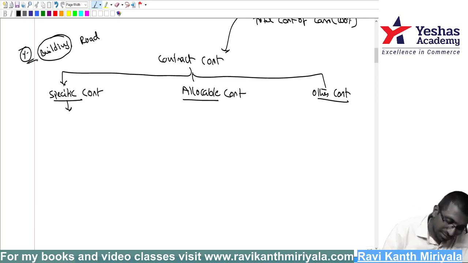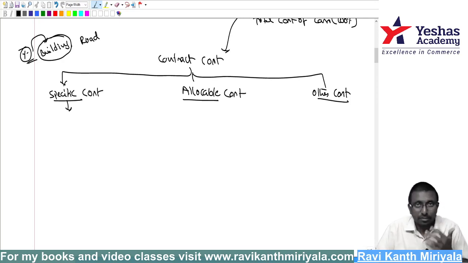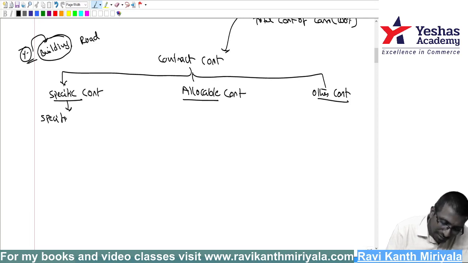So how much percentage of the building construction has happened? Correct, that is the point. Now how do I calculate? What is the amount you spent only for the purpose of the building, specifically incurred for the project?